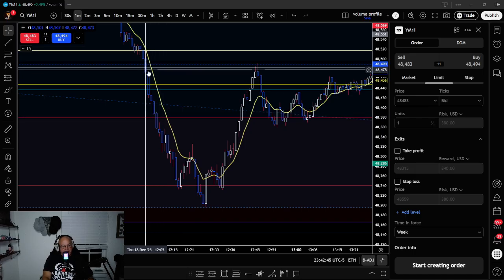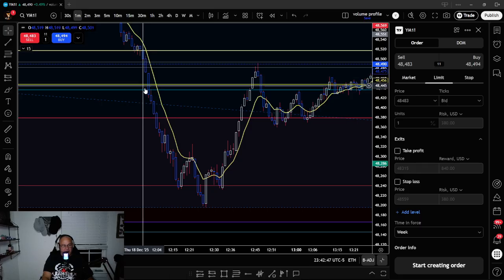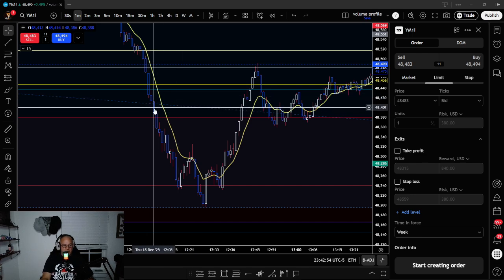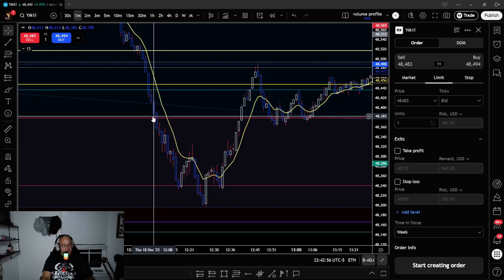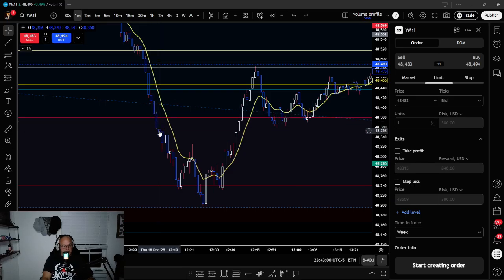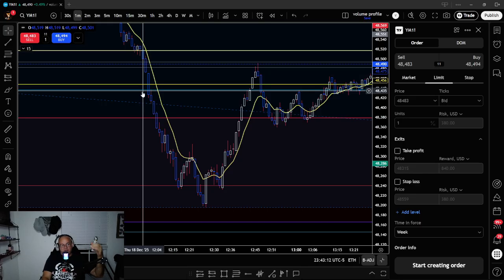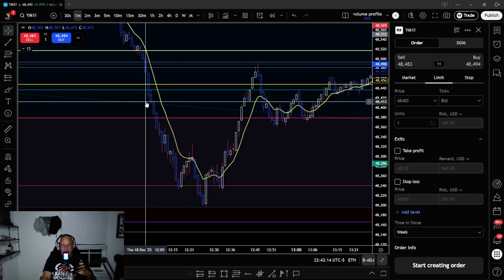So we're making fair value gaps all the way down through here. If you don't know what a fair value gap is, YouTube it, find a video on what fair value gaps are, and you'll understand. But it's basically a space between the first candle and the third candle where the wicks don't touch. So we fair value gap through the bottom of the initial balance. This is the time where I don't wait for the pullback because fair value gaps show strength.